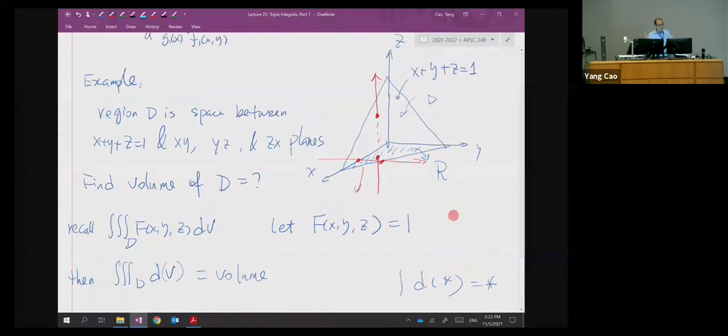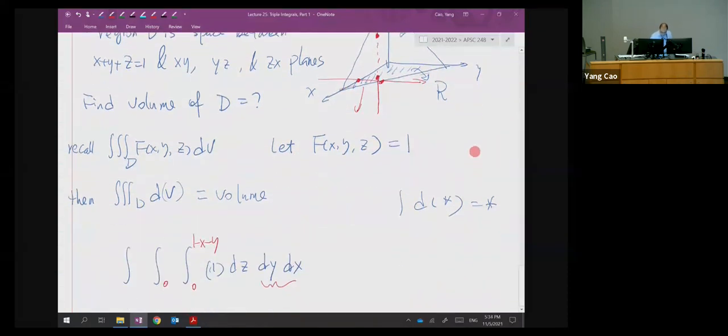Can anybody tell me what this line equation would be? It's very simple, because this line is the intersection between the plane and the XY plane. The XY plane means Z equals 0. So you just set Z equal to 0, and you get the line X plus Y equals 1.